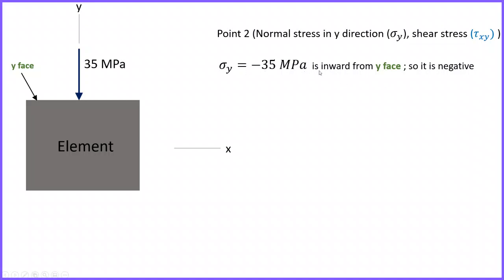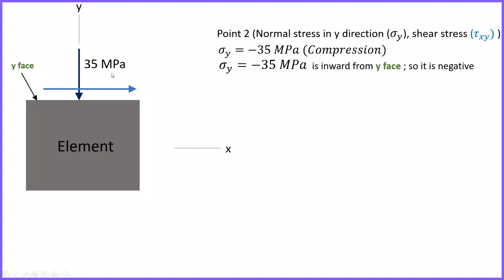It is minus because this 35 megapascal is inward from the y face, it goes inward. Another way we can say it is that this 35 megapascal is compression, it compresses this element, so it is negative.